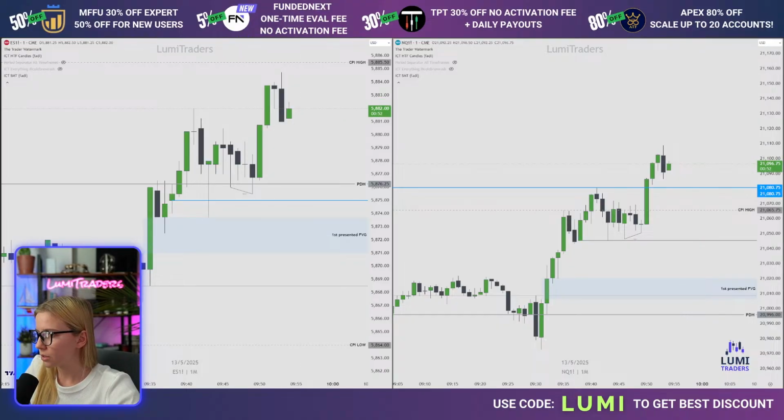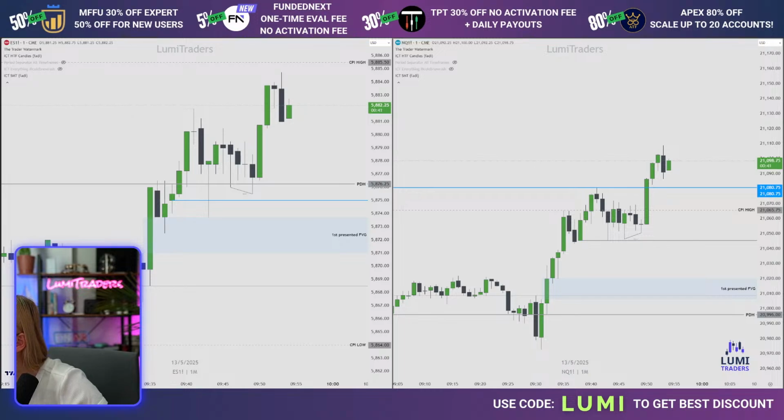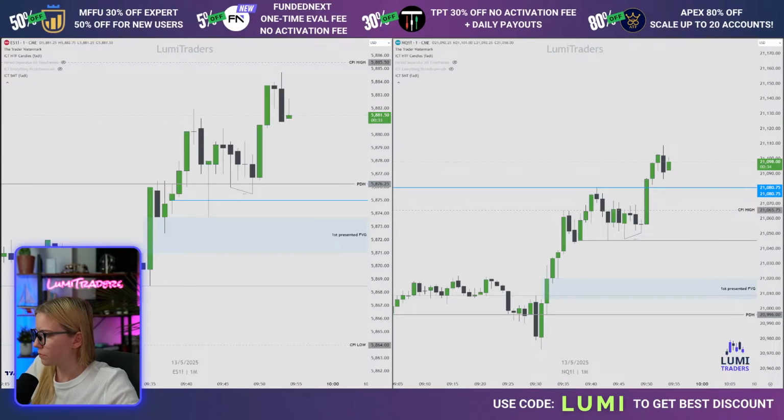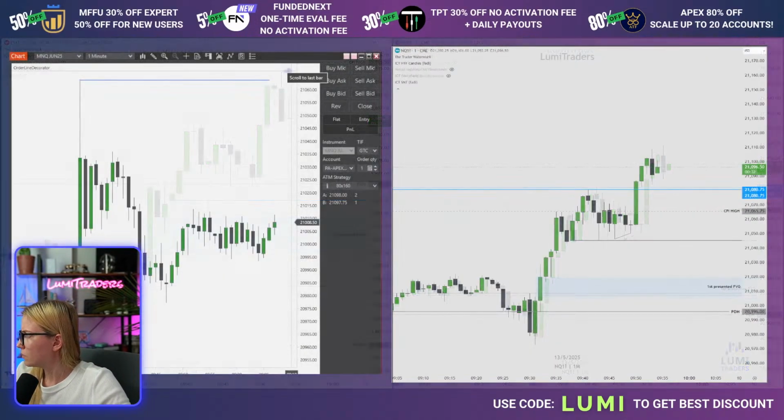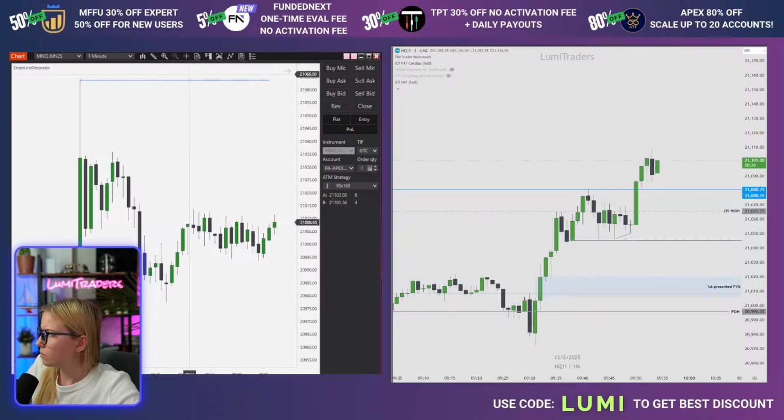Let me check CPI high. What do you mean? Seems like I'm just trying to check this on NinjaTrader. No, same one? Nope. Same one. That's the MNQ chart.